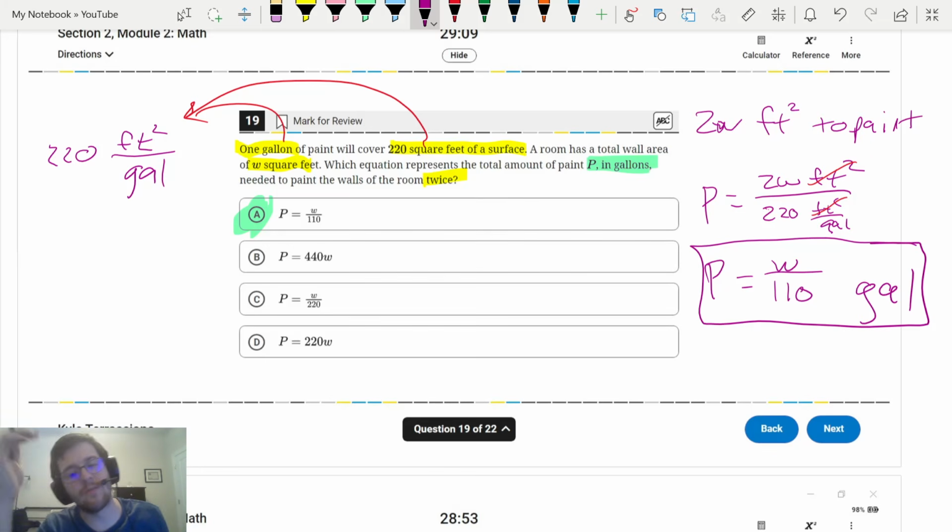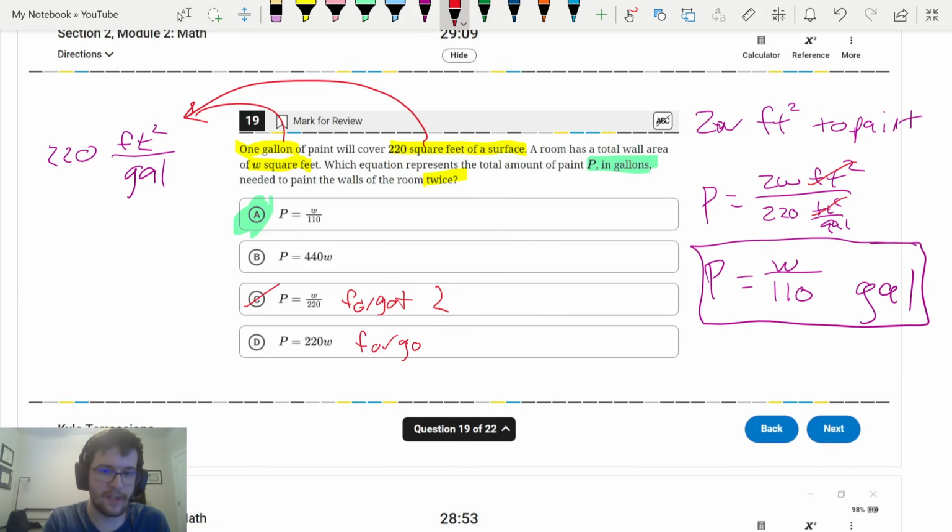If you went through all those other answer choices, the units would just be wrong. This guy forgot the 2 in front of the W. This guy forgot the 2 in front of the W. And then this one multiplied when you should have divided.